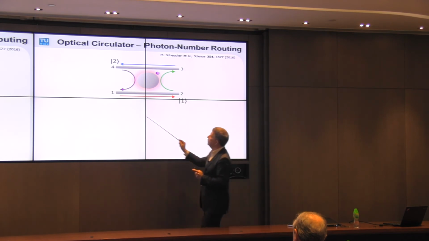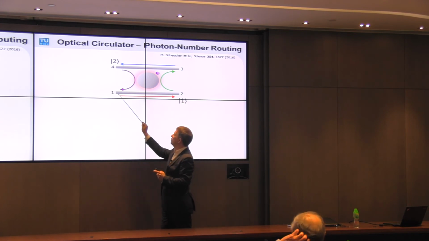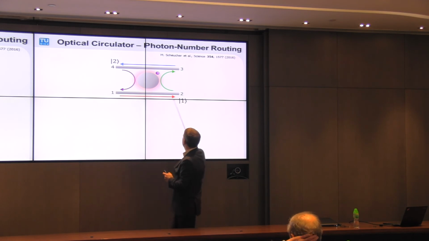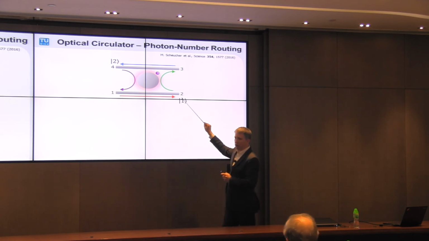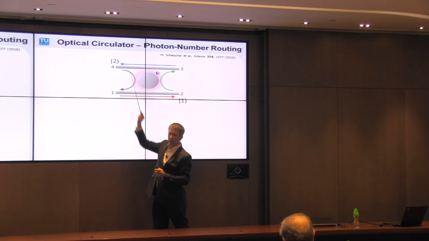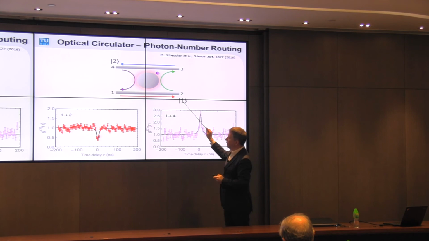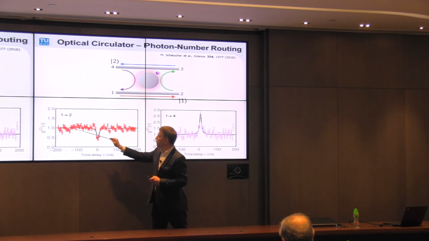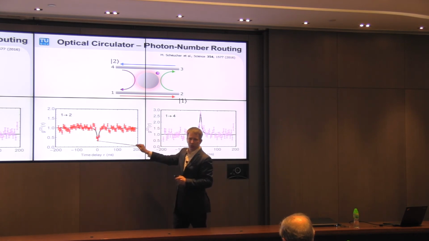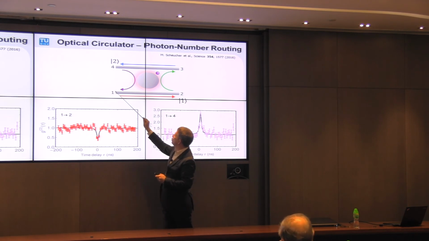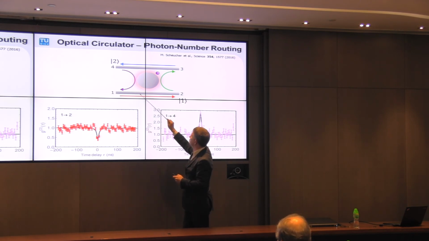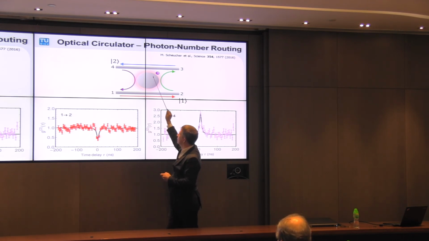We send in a weak coherent light field, so just a resonant weak laser light field, and we measured the intensity autocorrelation function at this port and at this port. Okay? And then indeed you see that at port 1 we have an anti-bunched signal, because the probability for 2 photons making it through the fiber is reduced by the fact that they go into the resonator.